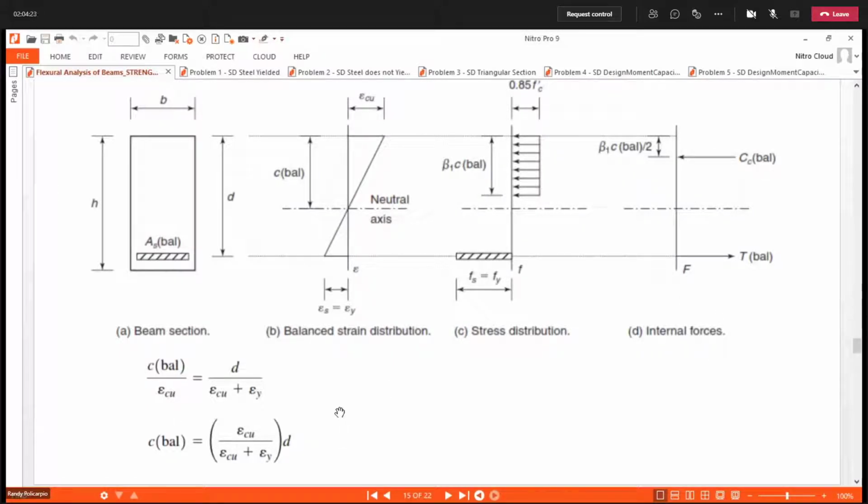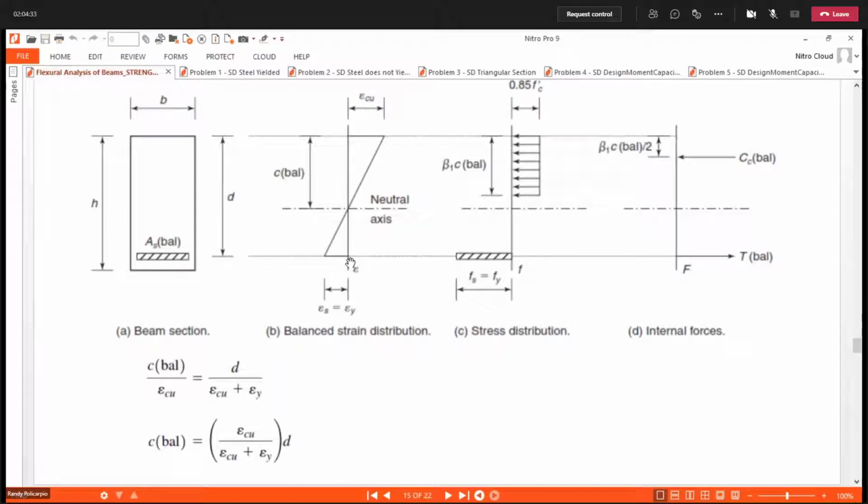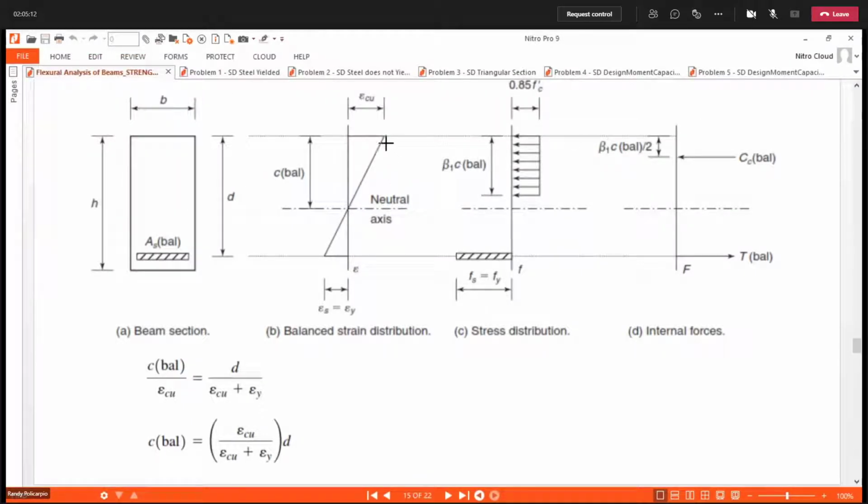The determination of c balance, by ratio and proportion, considering the strain diagram: c balance over epsilon cu, where epsilon cu is equal to 0.003 at balance condition, is equal to d over the sum of epsilon cu plus epsilon y. So you draw a triangle here. Let me see if I can draw a line. There.